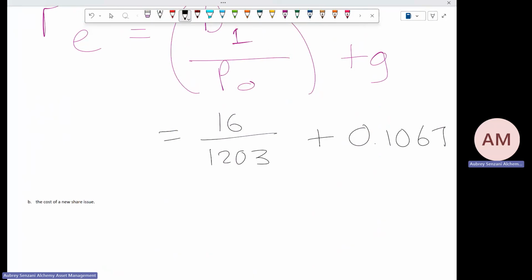So what is our cost of capital? What is our interest rate? 16 divided by 1,203 gives you what? Yes, it should be.